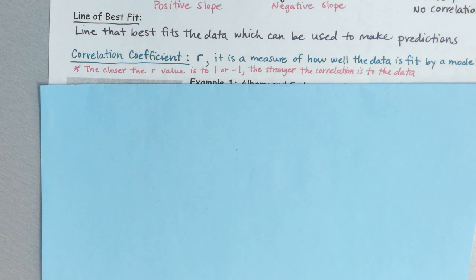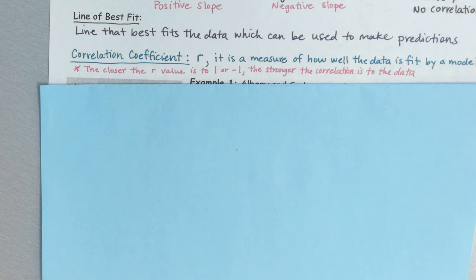Alright, so when you read this, you should have found out what the independent variable is. Do you guys remember which variable is the independent variable? Yeah, it's going to be your x. Okay, so that means the temperature in Albany is going to be your x value, and that means the temperature in Sydney is going to be your y value.